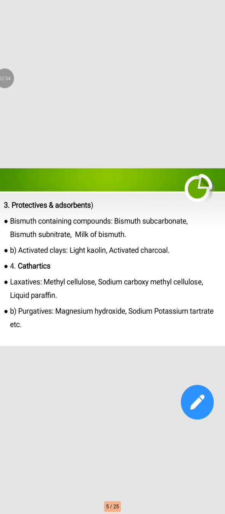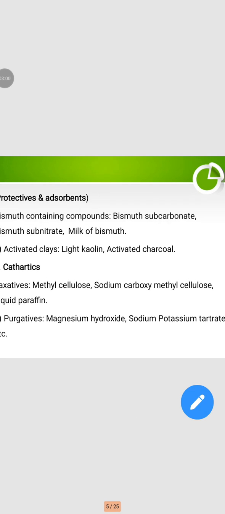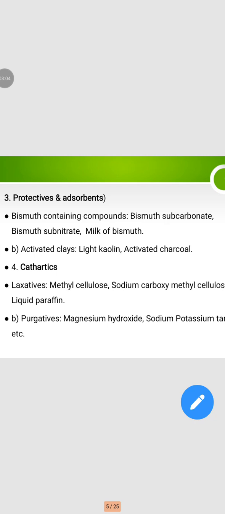Then the third type is protectives and adsorbents. Example is bismuth containing compounds and activated clays. Bismuth containing compounds, for example bismuth subcarbonate, bismuth subnitrate, and milk of bismuth.